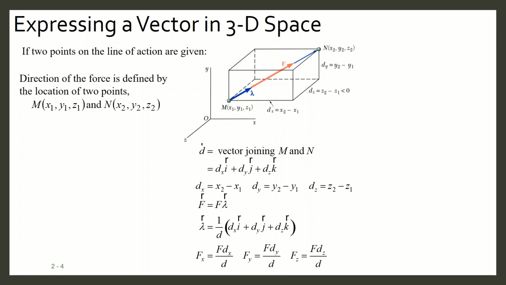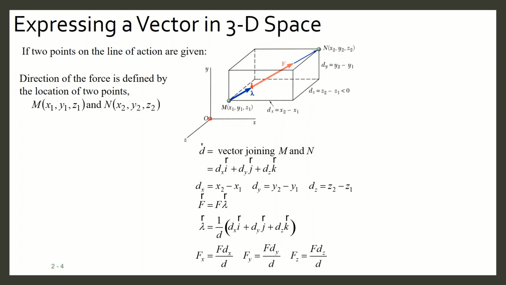Now sometimes it is possible that the vector is not given from the origin. So your origin is here and your vector is here, and you know the coordinates of your vector.